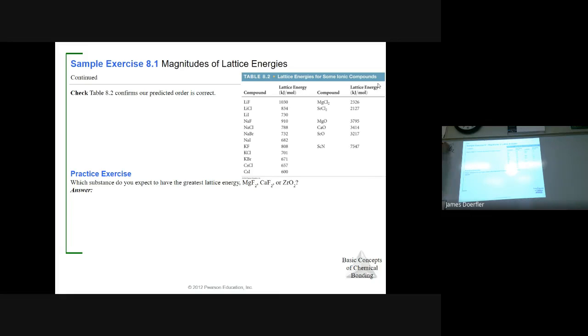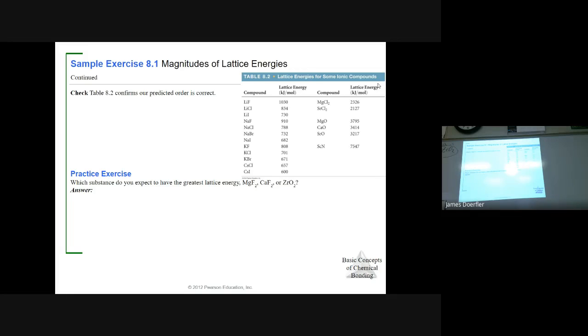Very good. Zirconium oxide. It's got charges of 4 and 2. Those are pretty significant charges. Now, because I always enjoy taking things a little further, let's identify which one would be larger of the remaining 2. So your answer for this question is zirconium oxide, ZrO2.